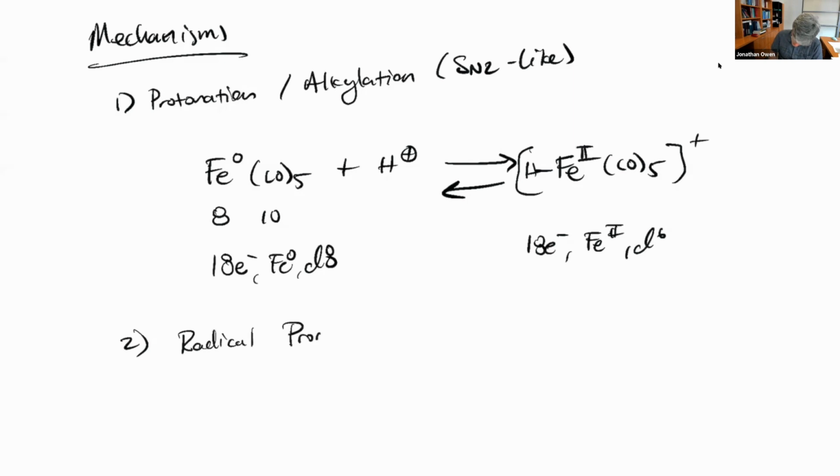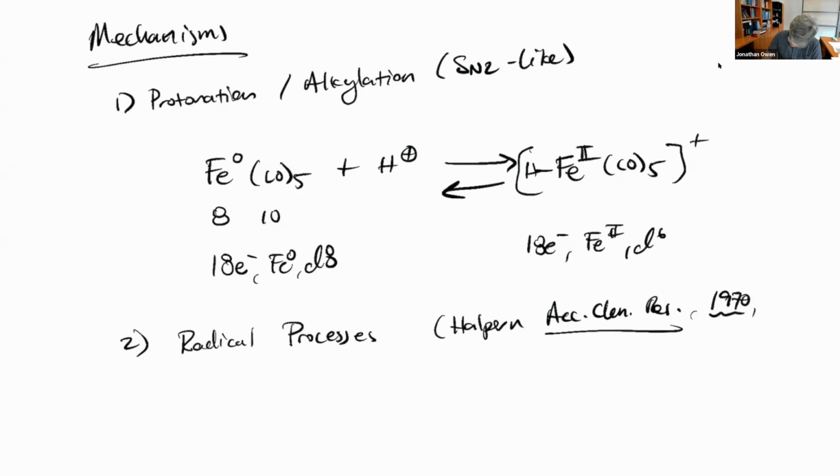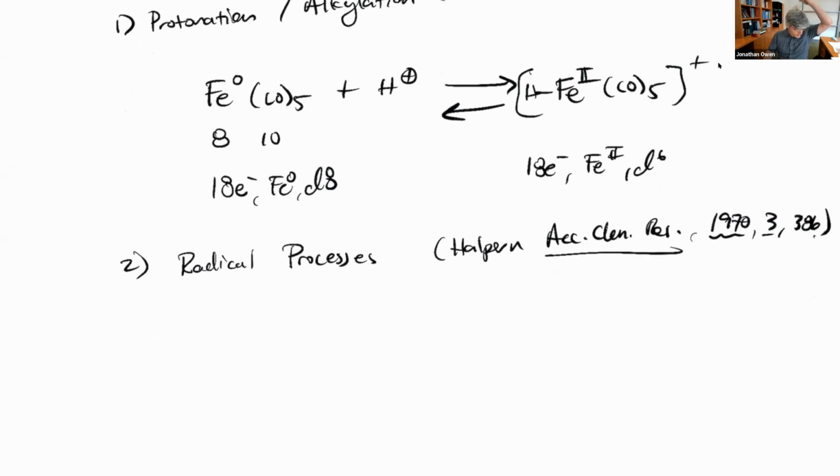There's a lot of radical chemistry in oxidative addition, many of which were studied by Halpern back in 1970. We're going to start with this cobalt 2.